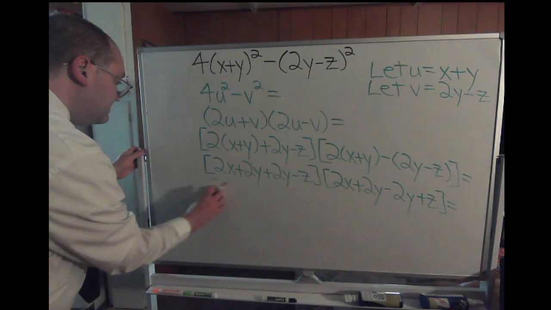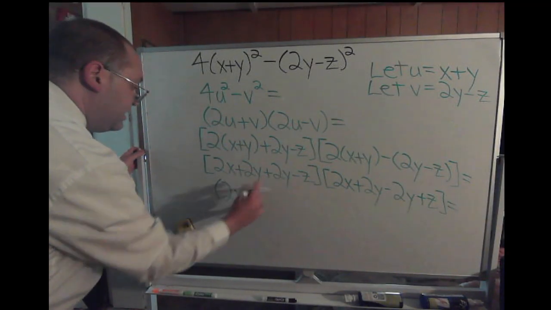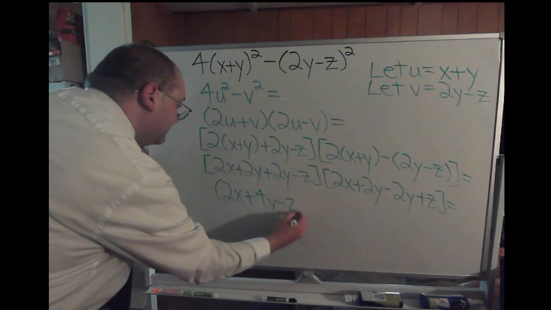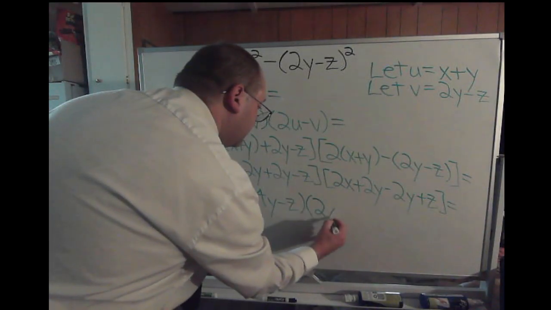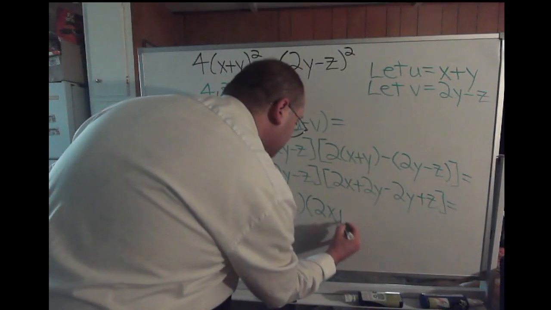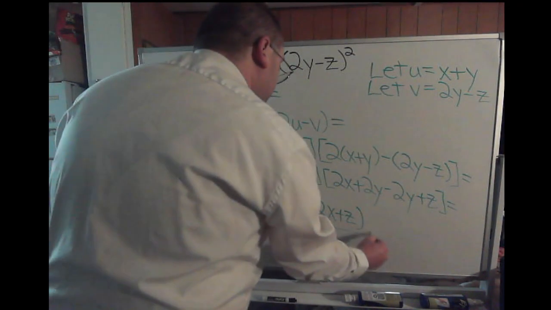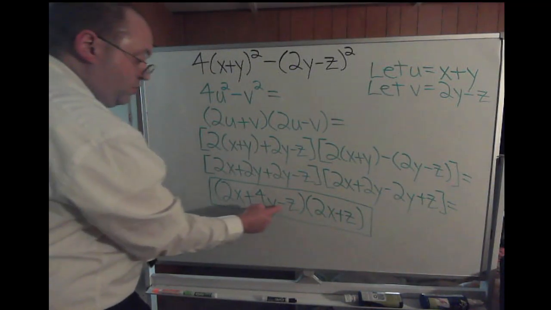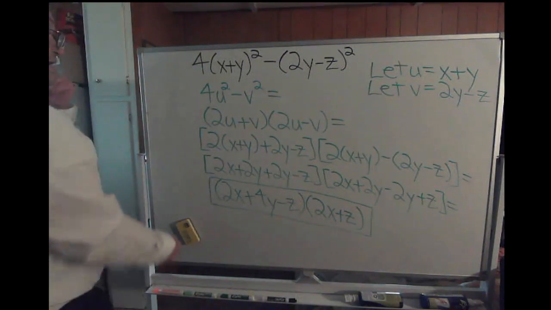You would get the quantity of 2x plus 4y minus z, times, then you got 2x here. Then you have positive 2y minus 2y, the y's are gone. Then you just have plus z. So the factorization would be the quantity of 2x plus 4y minus z times the quantity of 2x plus z. That's exactly what you would get.